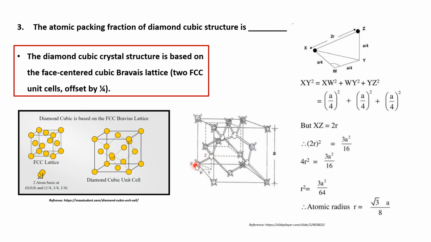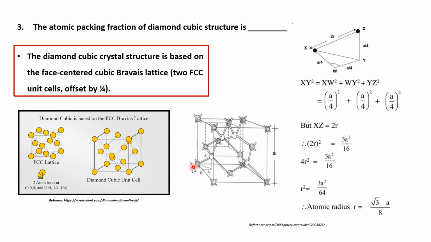That is fixed. Now we need to find out the relationship between R and A. In order to derive that, first we will consider that this small distance, XW, is equal to A divided by 4. That is 1 by 4 distance. And from XW again at 1 by 4 distance, we will have this vertical atom.